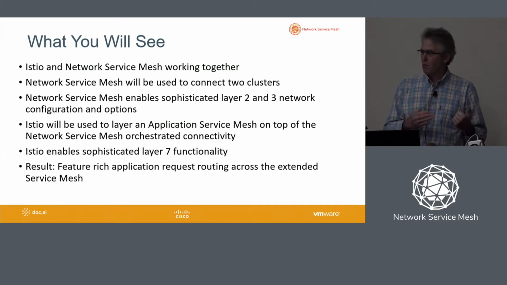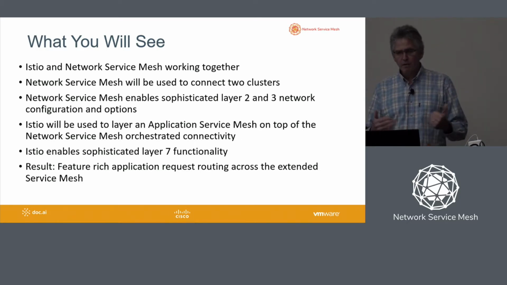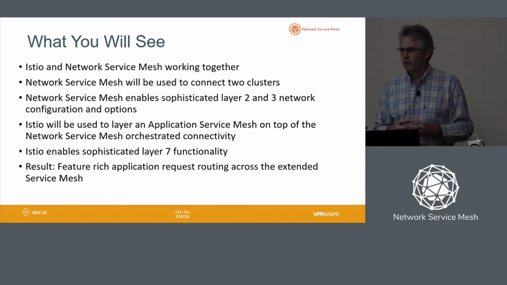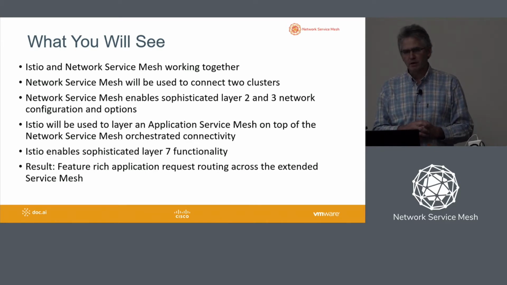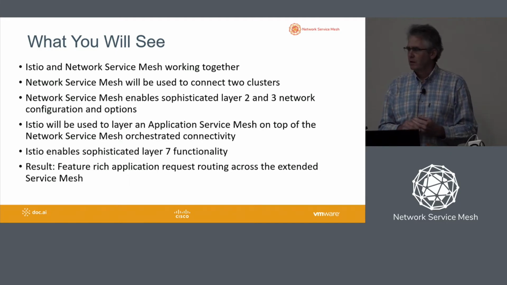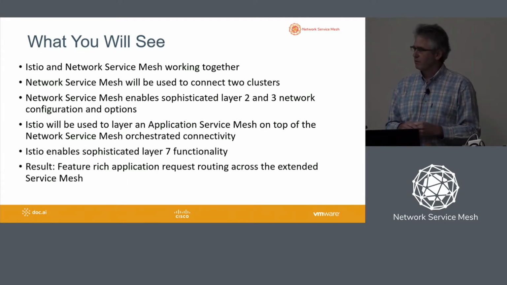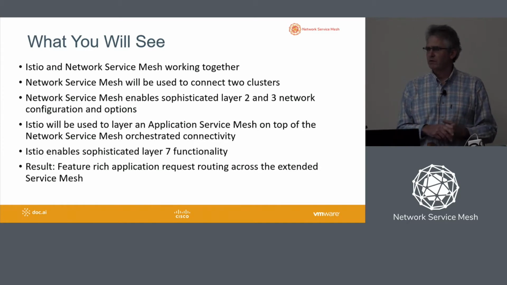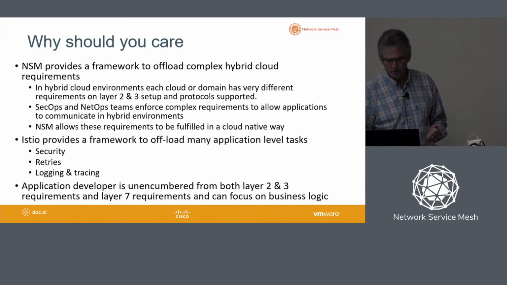They are a little further up the stack, providing more functionality and capabilities, especially at layer 7. So we think this provides a very rich full stack experience for developers. They can do very sophisticated things at layer 2 and layer 3, and yet they can also achieve the very sophisticated layer 7 experience that is their bread and butter.